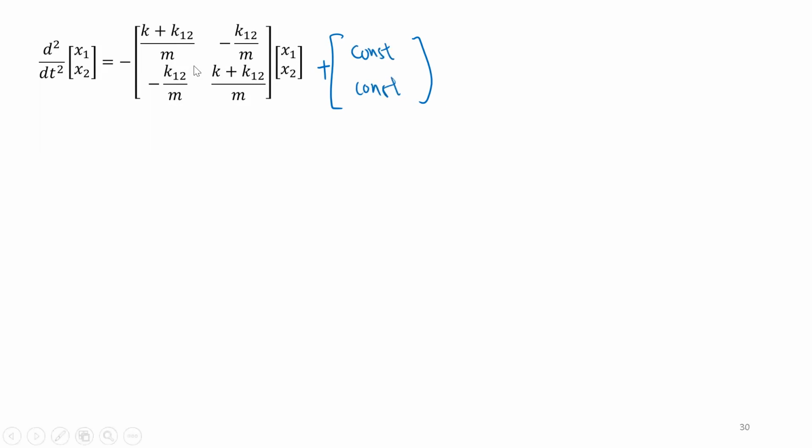So you can try to do all the details, just think a bit about whether that would affect the process of diagonalization. And obviously it doesn't. Because of that, the eigenfrequency of this system won't be affected by adding the constant term. And at the end, you get the same eigenfrequency.